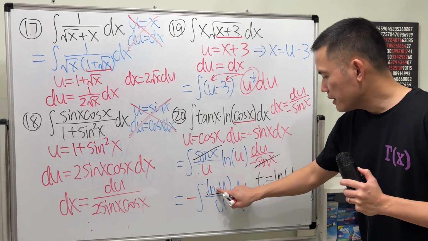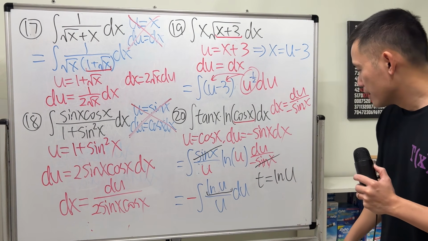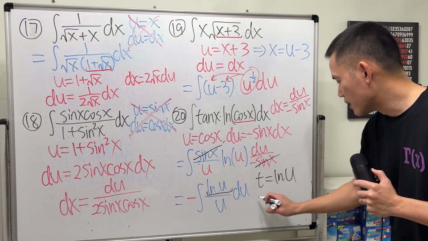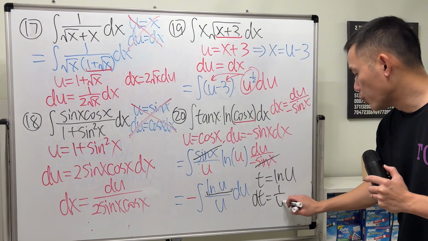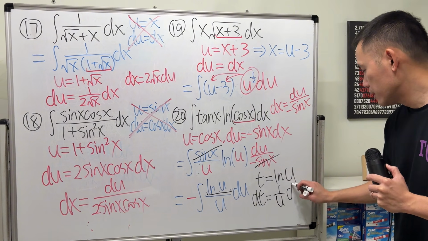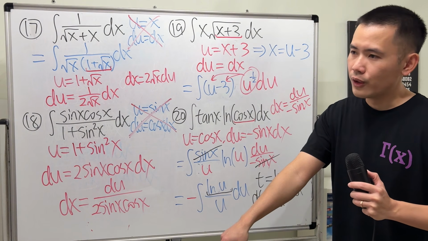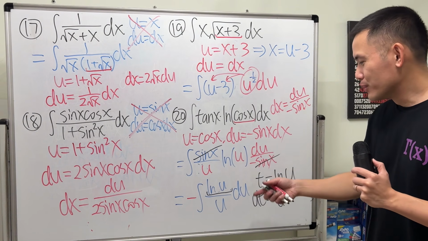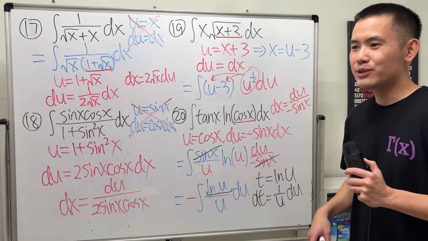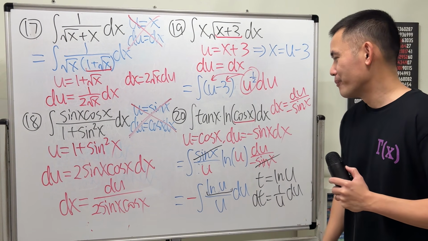When you have one thing inside the natural log, you really don't need the parentheses. But anyways, if you have this right here, dt will be, take the derivative of this, that will be 1 over u du. So you will have to take this integral to the t world, integrate that in the t world, and then make sure you finish that and go back to the u world and then back to the x world.